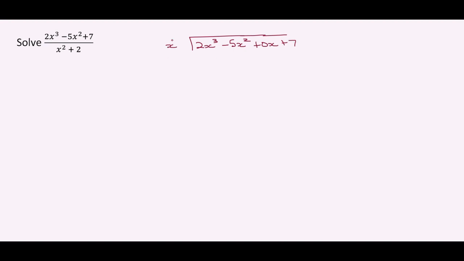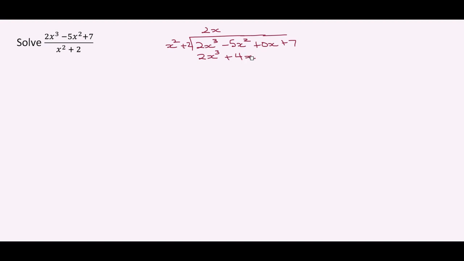And we divide by x squared plus 2. So 2x cubed divided by x squared, that's going to give us 2x. 2x multiplied by x squared is 2x cubed. 2x multiplied by 2 is 4x.